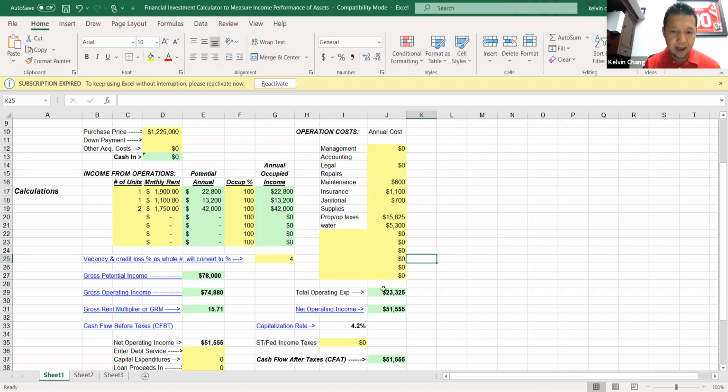And you subtract that from the income, that gives me an NOI, net operating income, of $51,555. Make sense? That is showing me a 4.2% capitalization rate. A buyer was willing to pay 1.225 for a 4.2 cap here in Monterey Park.